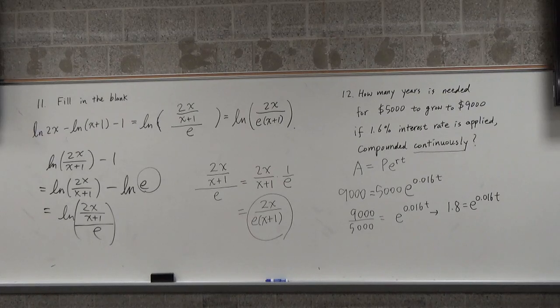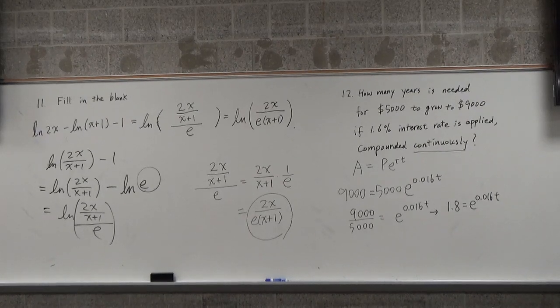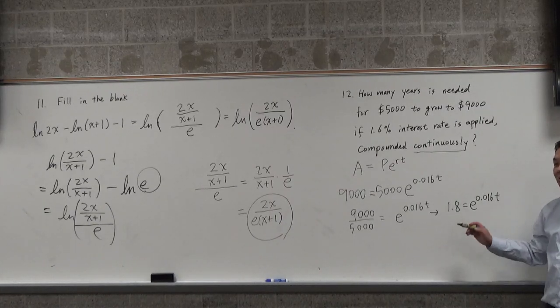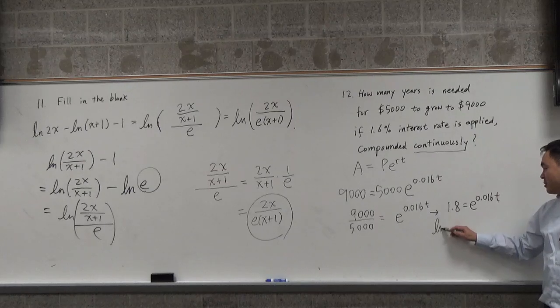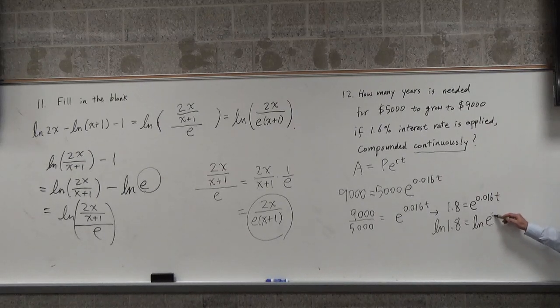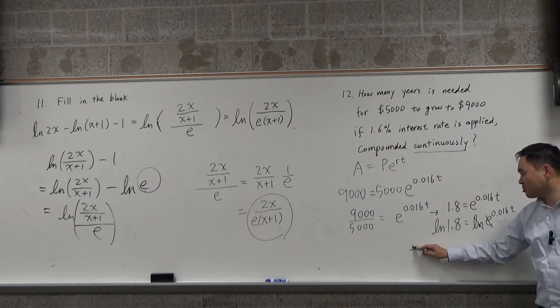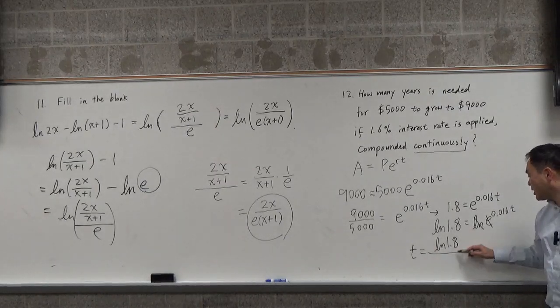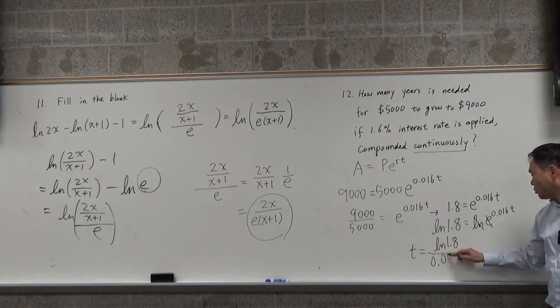Okay, what next? Log base e, which is ln. So ln of 1.8 equals ln of e to the 0.016t, and then e and ln cancel. Now you divide both sides by 0.016, and that gives you t. t would be ln of 1.8 divided by 0.016.